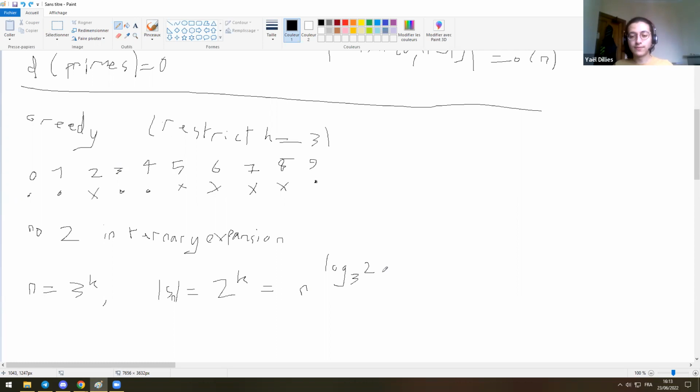It has to be a little lower than linear. But it's quite far from being linear.